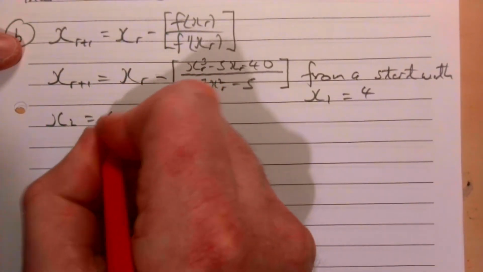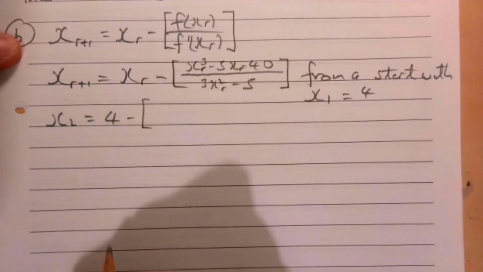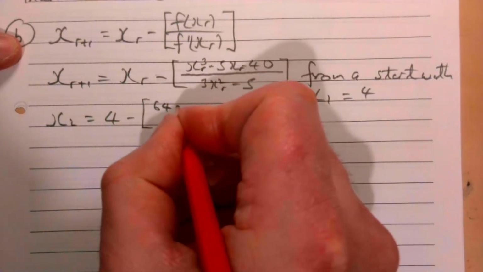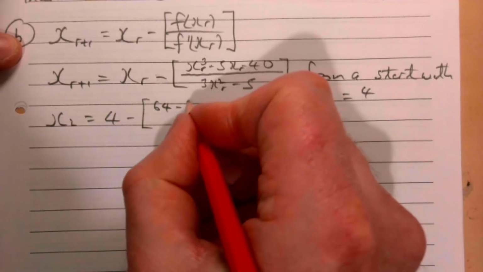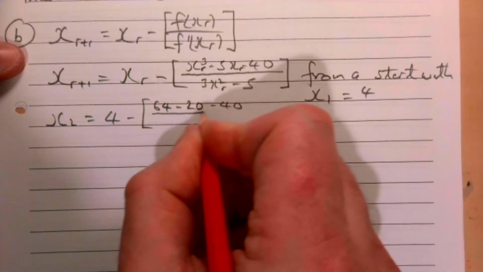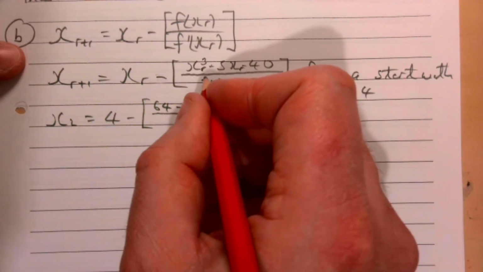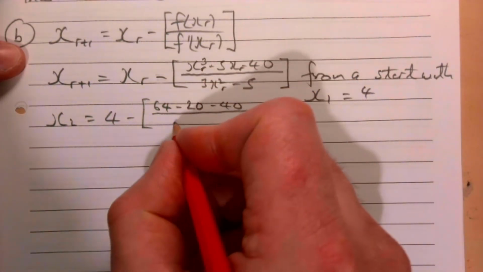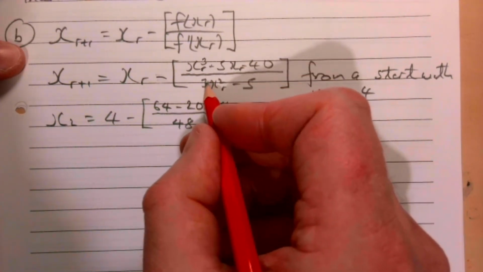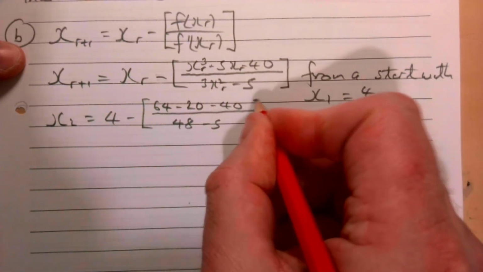So to get x2, it's going to be 4 take away 4 cubed, 64, take away 20, take away 40, all over 48. Where am I getting that from? The 4 squared, 16, times 3, 48, take away 5.